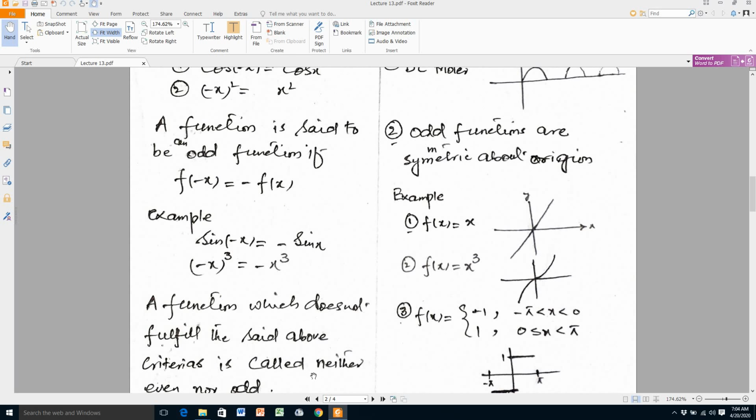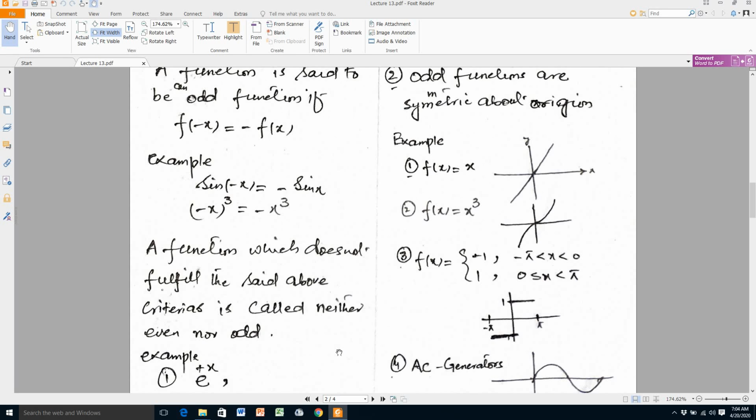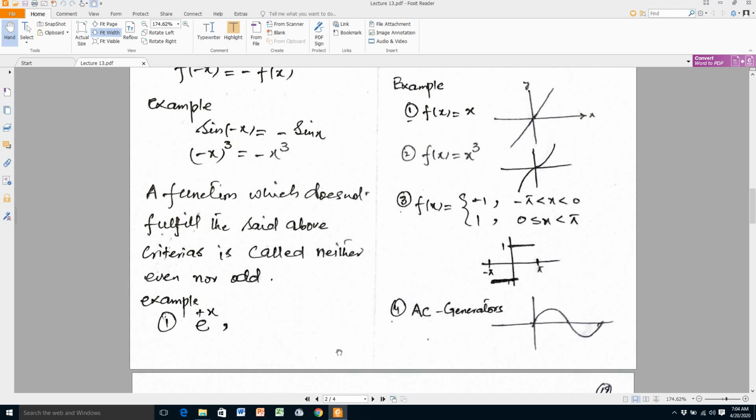So you see here a function which does not fulfill the above criteria is called neither even nor odd. Our example is the exponential function.